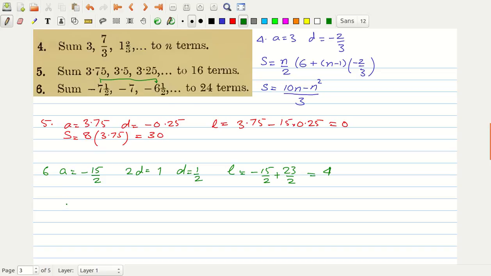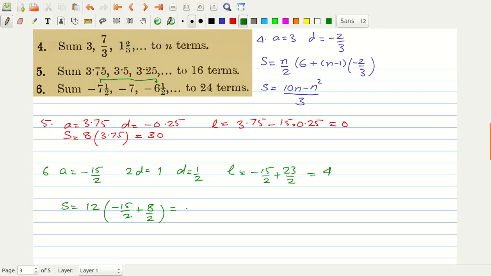So the sum is equal to n by 2, which is 24 by 2, that is 12, times a, minus 15 by 2, plus 4, which we can write as 8 by 2.